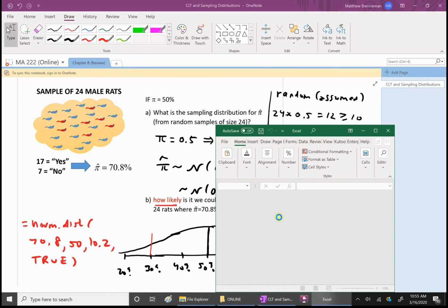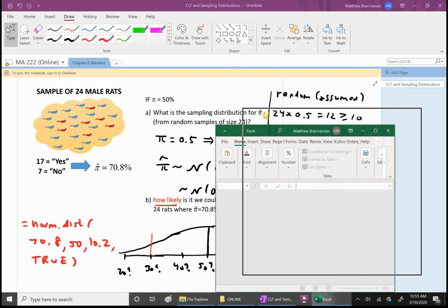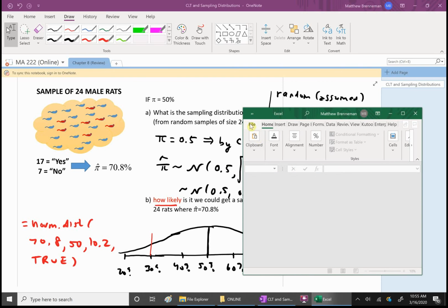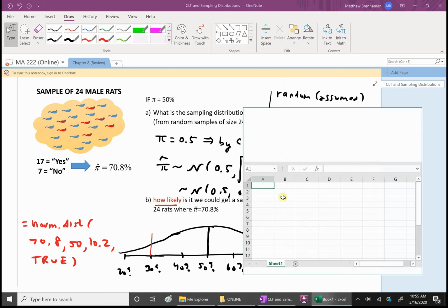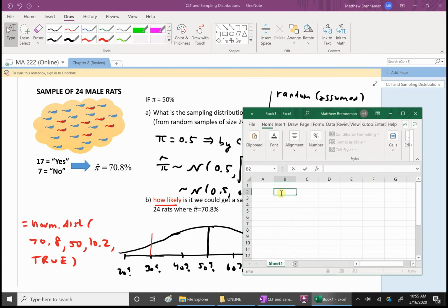So if I do this calculation, and we're going to set up a template soon, I'm just going to do a really quick calculation for the time being. Okay, so we'll say norm.dist 70.8%, 50, and true.